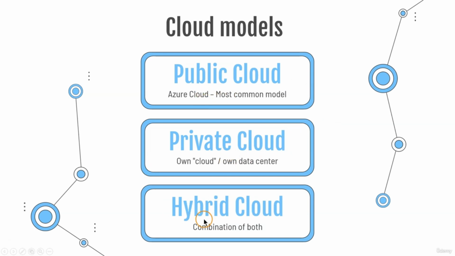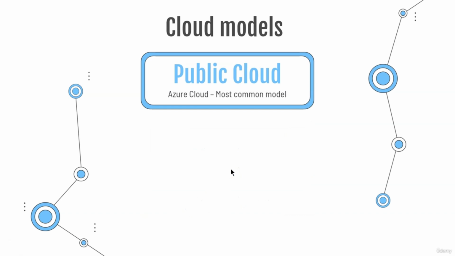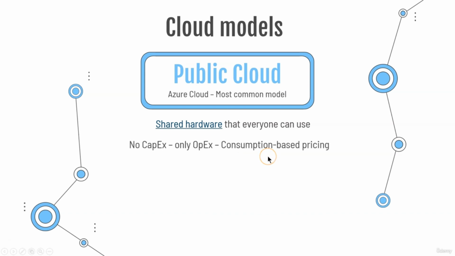And now we want to dive a little bit deeper into these three different cloud models. Let's start with the public cloud. This is the most common model, and in this one, the hardware is shared with other tenants. So other companies that are using also the cloud service, and we are not owning these, but we share them with other people, basically everyone that wants to rent some services from the cloud.